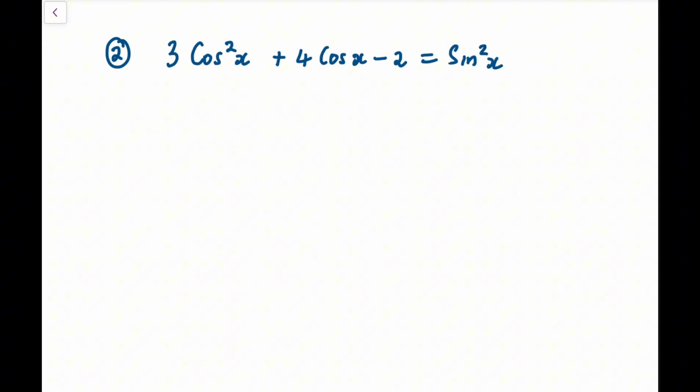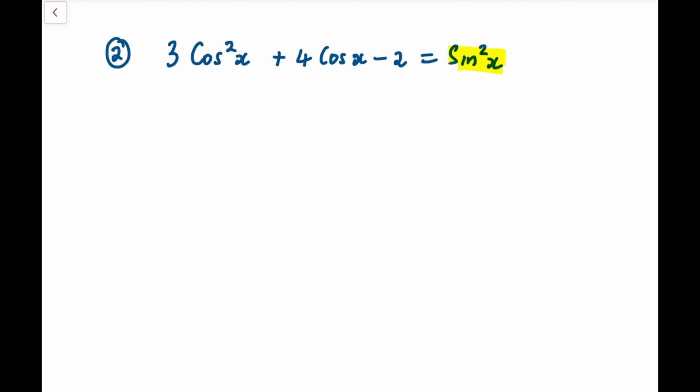You will then notice that everything is expressed in terms of cos x, except this sine squared x. But remember, we can always change sine squared x and write it in terms of cos.